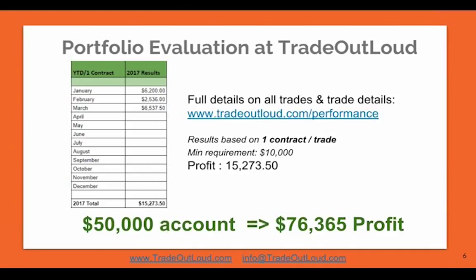You can log into tradeoutloud.com/performance, and you can view the full performance of our 2017 $5,000 account challenge, which is outstanding. And all those trades were publicly communicated with entries, with stops. We still have a full record, and you could see the good, the bad, and the ugly right there. You could see the stops, you could see the winning trades, and ample explanation of how those trades worked right there. So we have nothing to hide.